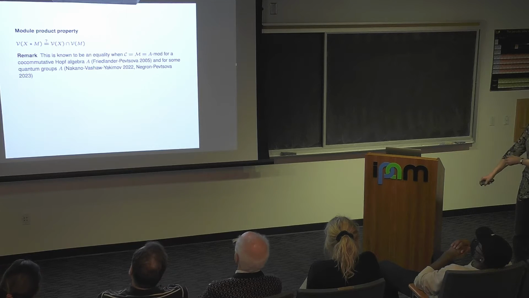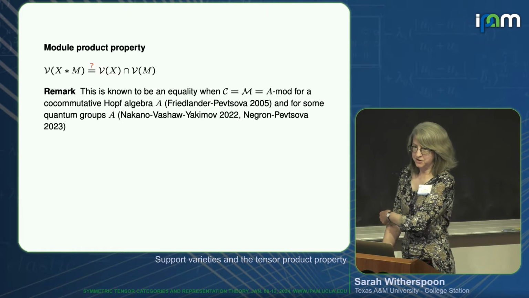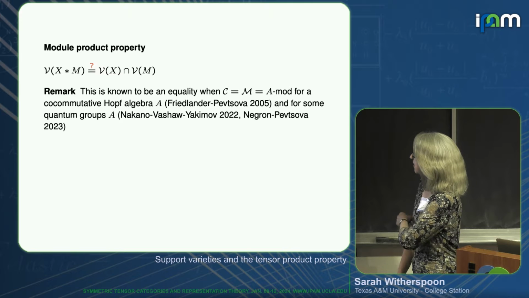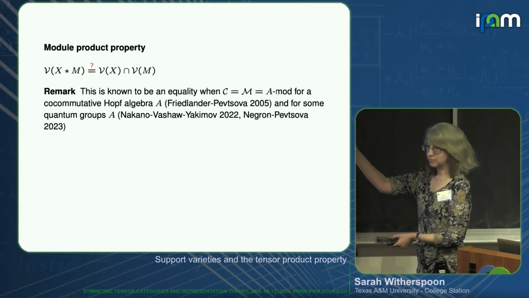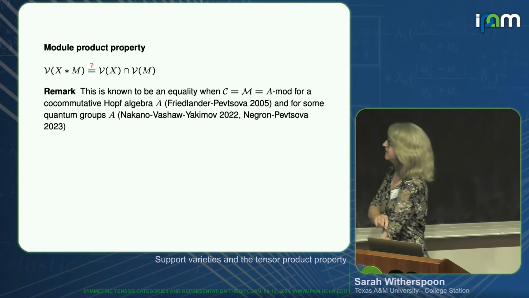So this intersection property turns out to be really useful when it's known. And it is known to be an equality when we're working with modules for a co-commutative Hopf algebra, which goes back to work of Eric and Yulia Pevtsova.